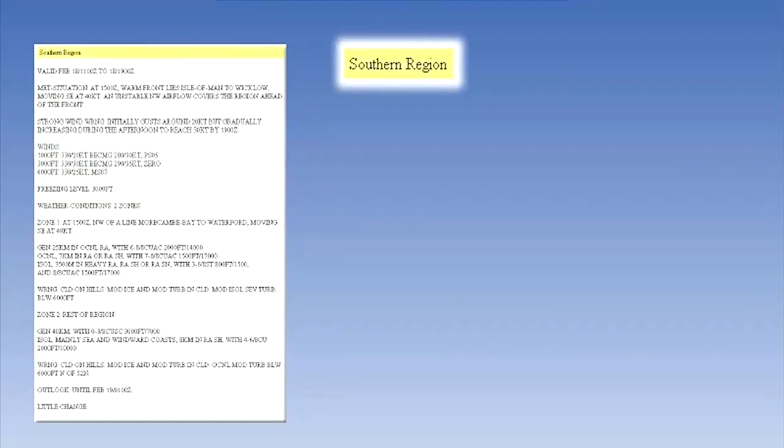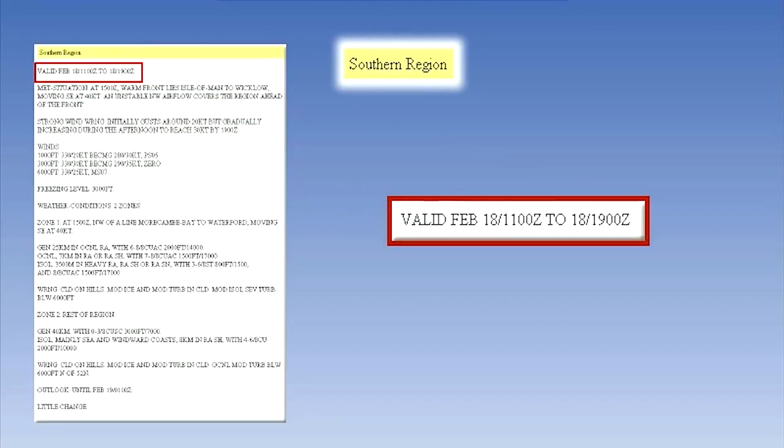For this demonstration, we'll examine a standard AIRMET from a southern region. The very first line clearly defines the validity period of the forecast. In this specific example, our product is valid from 1100 to 1900 UTC on the 18th of the month.